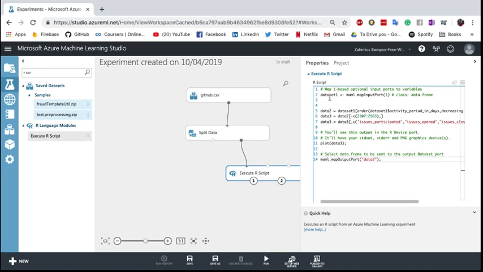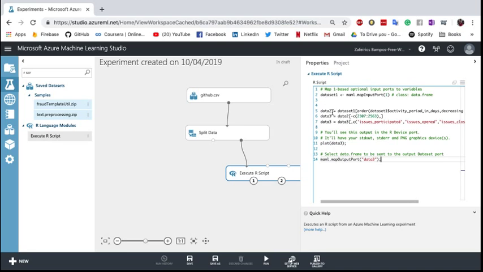And what we are doing is getting the input dataset, which we just inputted from the output of split data, and passing it into a variable dataset 1.